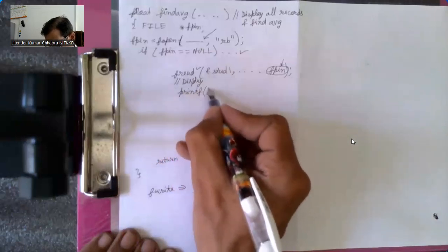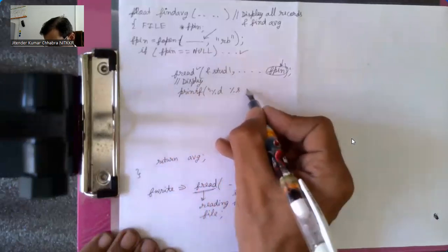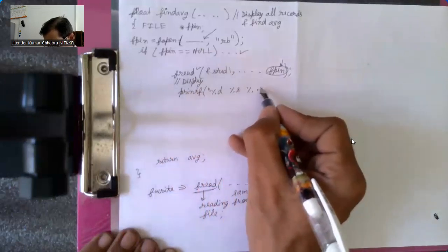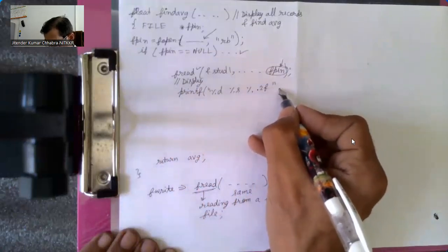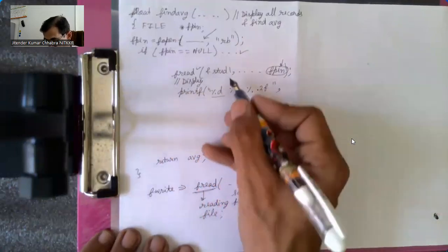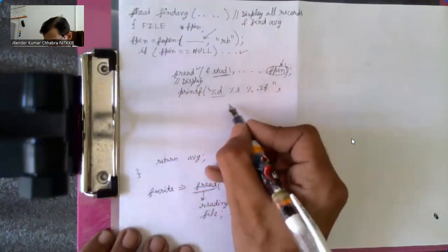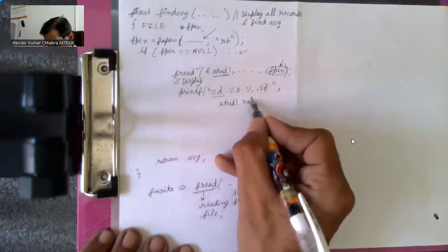So maybe you can say display %d, %s, %.2f to display your marks in that proportion, comma. Obviously, %d means from the student1 record into which the data has been read, student1.rollnumber to be displayed.